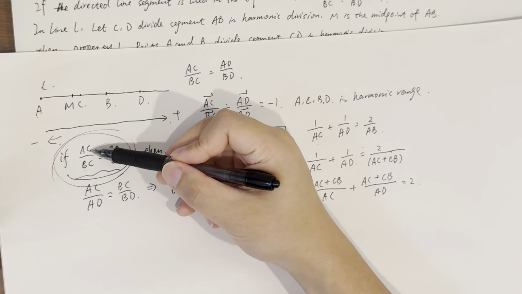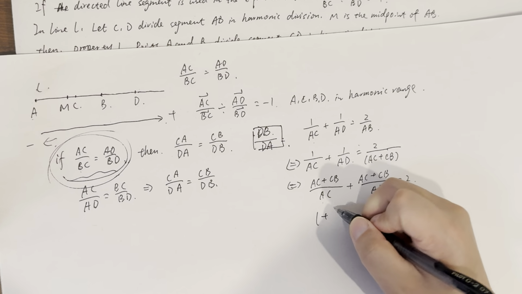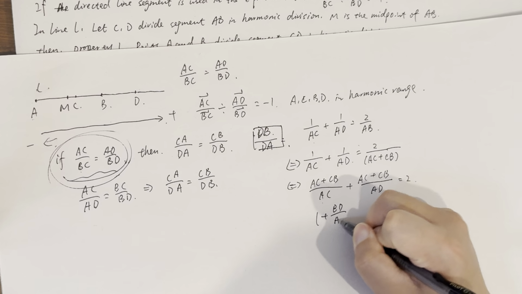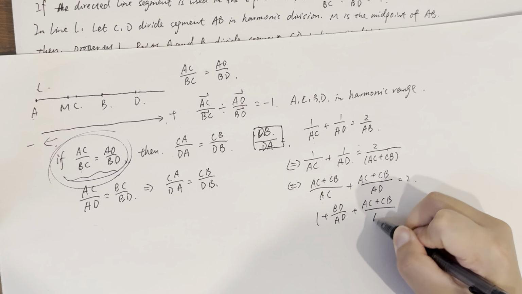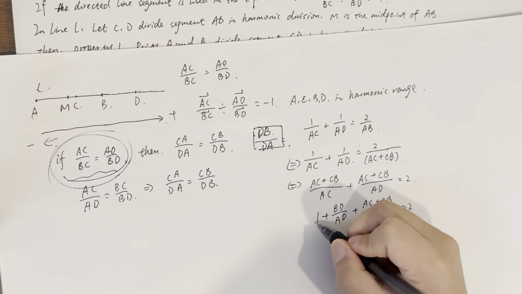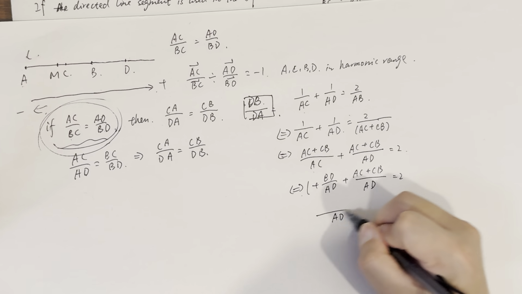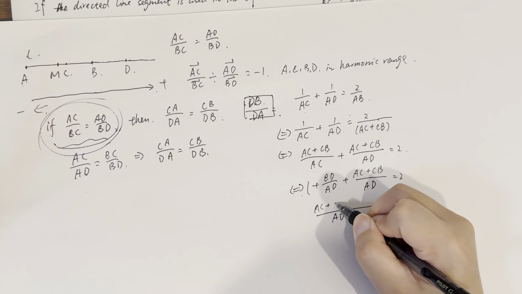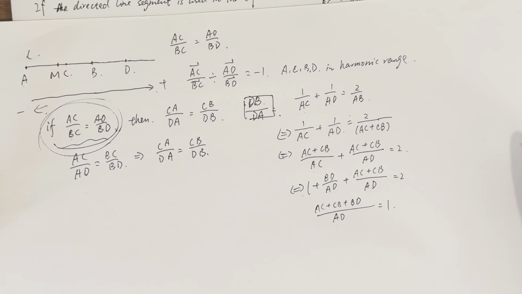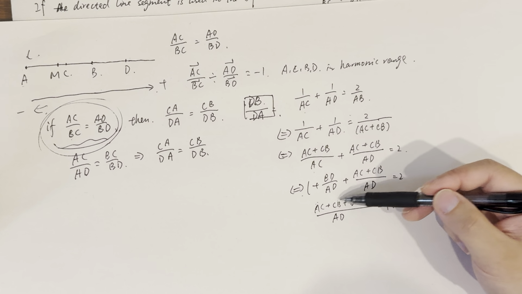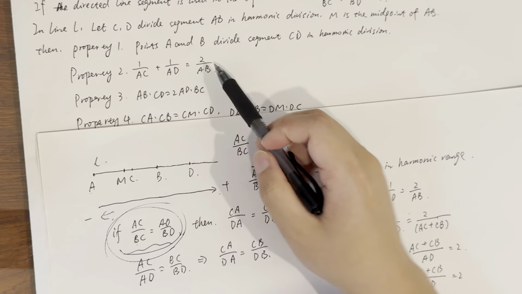We know that CB to AC equals BD to AD, right? So we can change it to BD to AD plus (AC plus CB) to AD equals 2, which is AC plus CB plus BD over AD equals 1, which is obviously true because AC plus CB plus BD is AD, so AD to AD equals 1. So this is true, right?